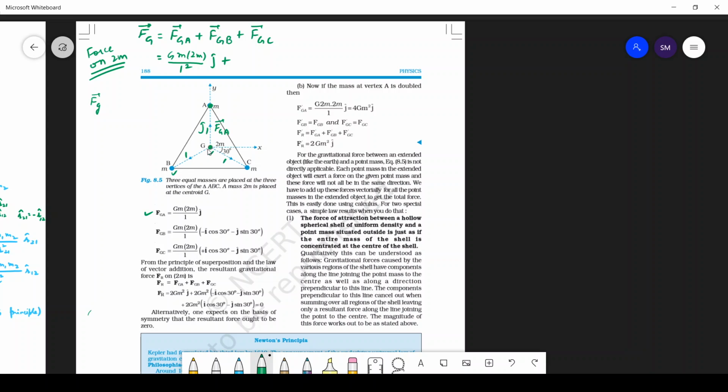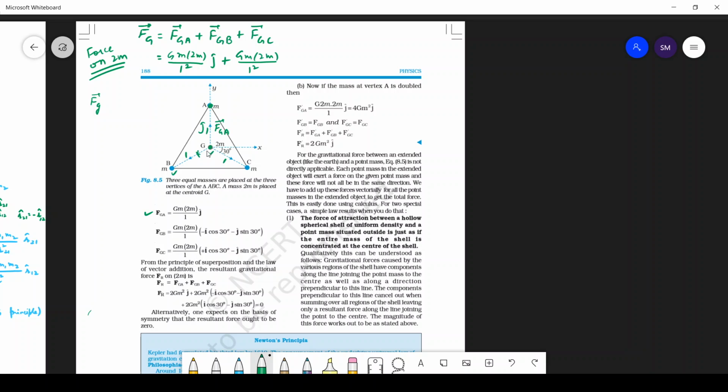So the force on G due to M. Okay, so same is the case here. The magnitude is the same. There is no problem with the magnitude. Gm into 2m divided by 1 square. So what about the direction? See, the direction is here. So whenever the direction is not along the x-axis and y-axis, we will take components. The direction is this.